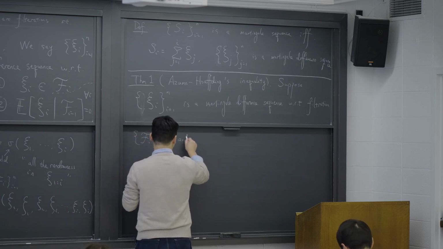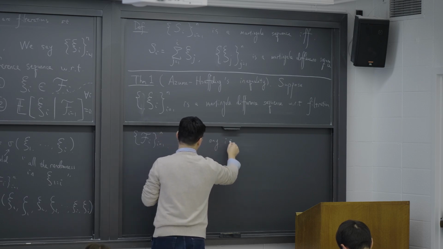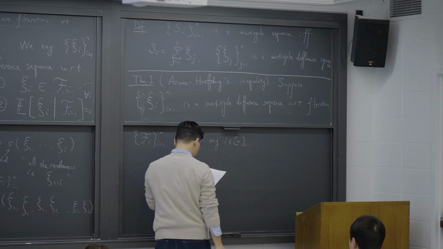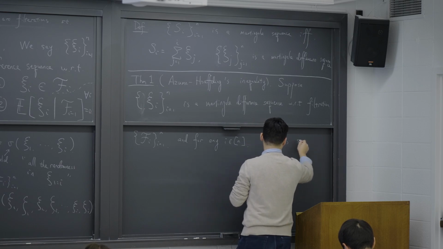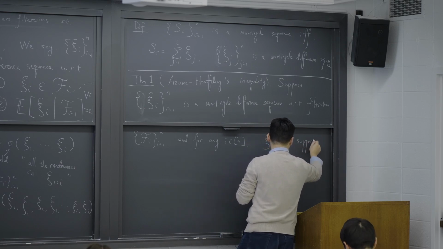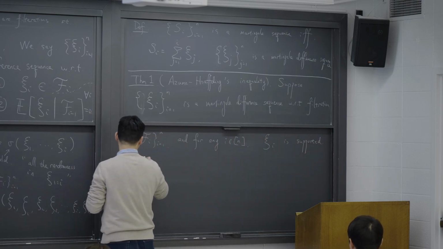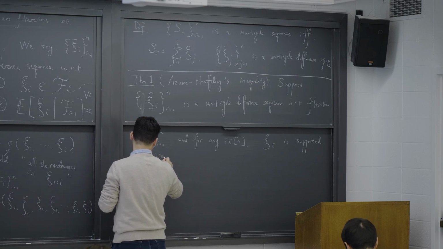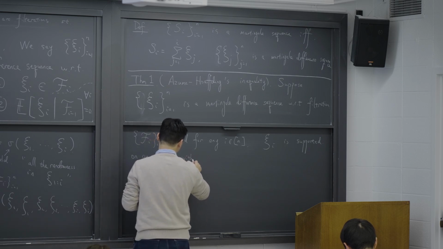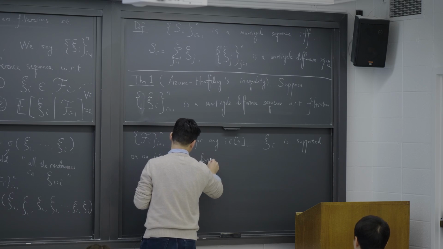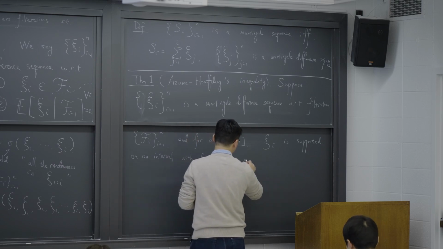For any i from 1 to n, Ci is supported on an interval with length Ri with probability 1.